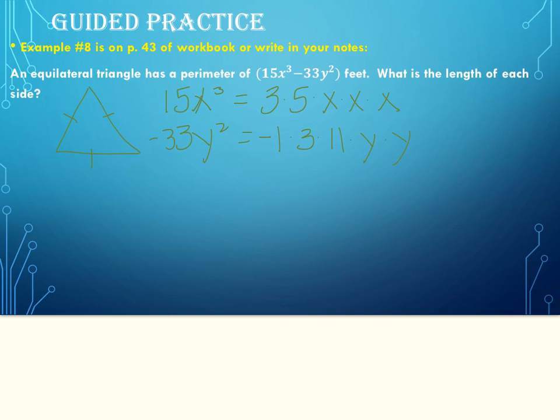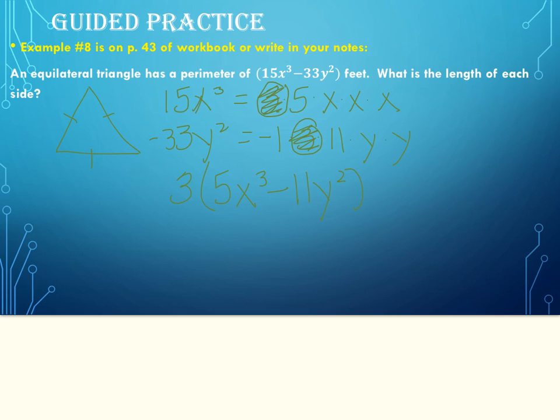So if you look, you only have a 3 in common, so let's pull out the 3. If I take the 3 out of the top, I have 5x cubed left. If I take the 3 out of the bottom one, I have negative 11y squared. Notice we couldn't take out any of the letters because they had none in common.